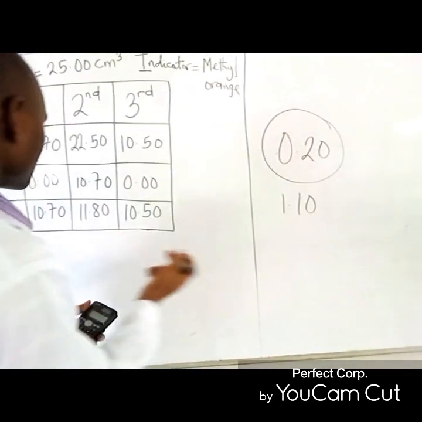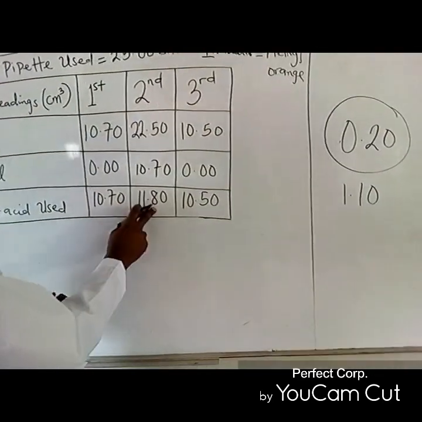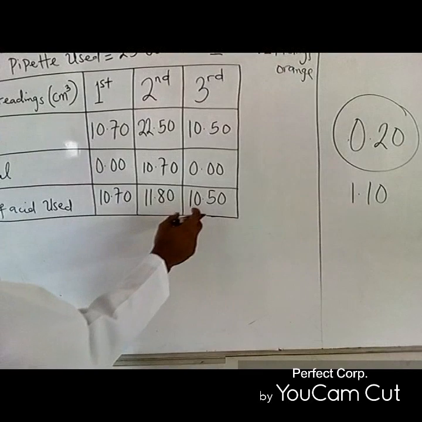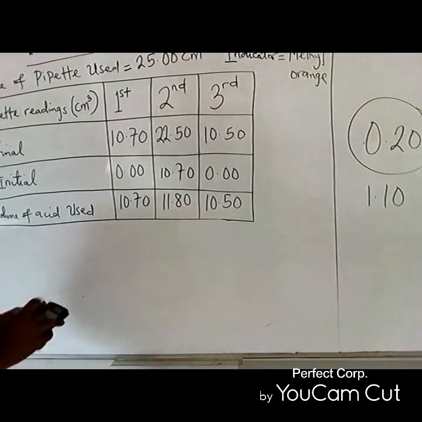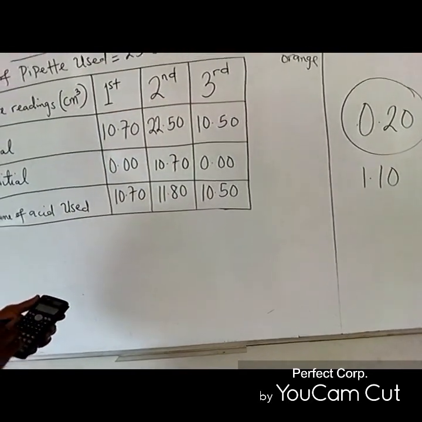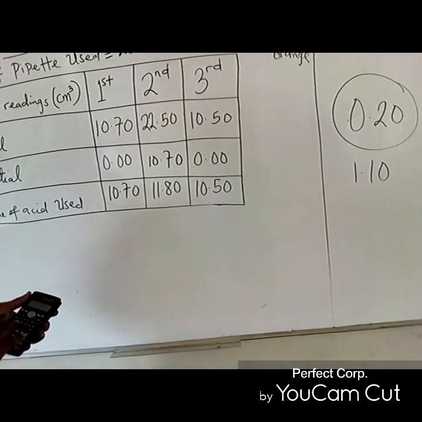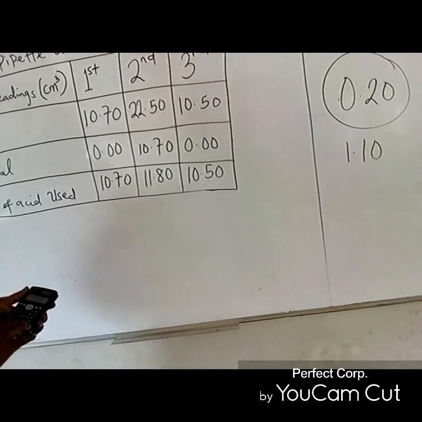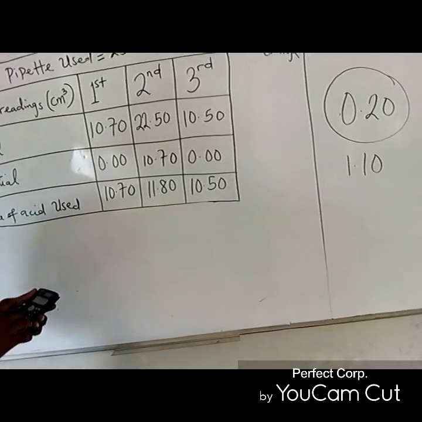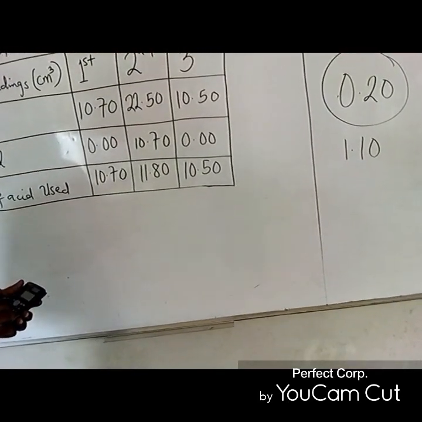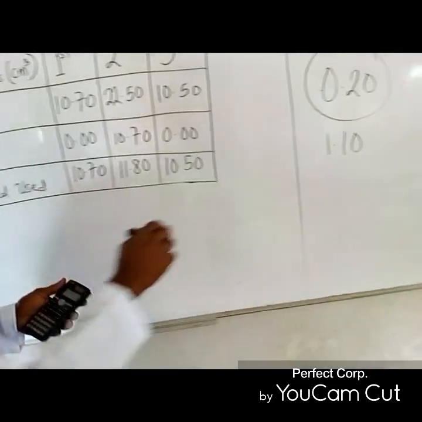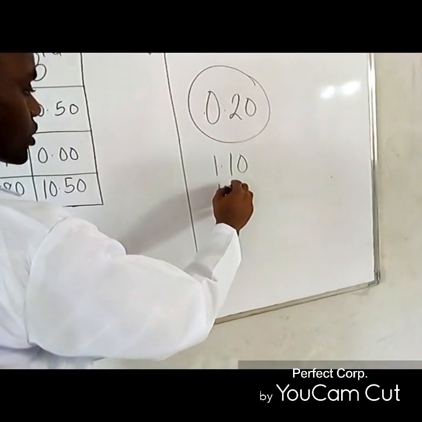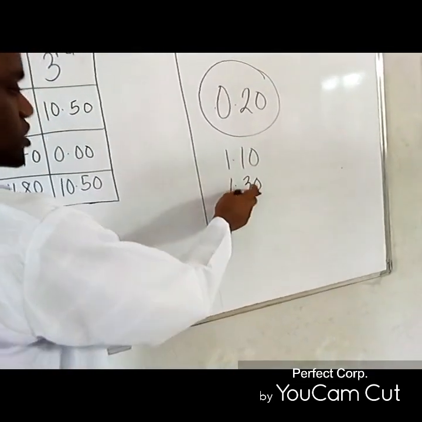So you are not making use of this and this. Similarly, let's subtract this from this. 11.80 minus 10.50 gives us 1.30. Still, this is also bigger than 0.20.